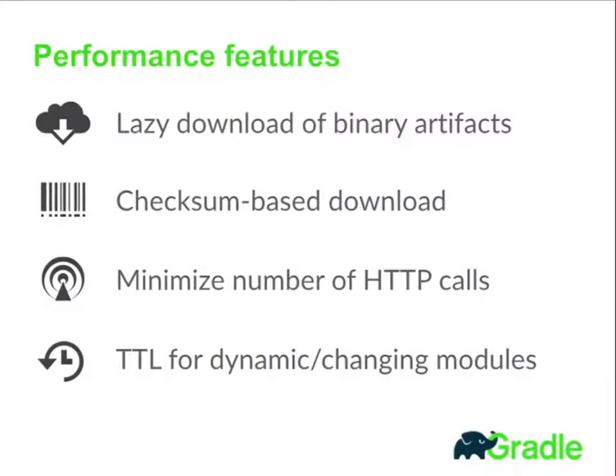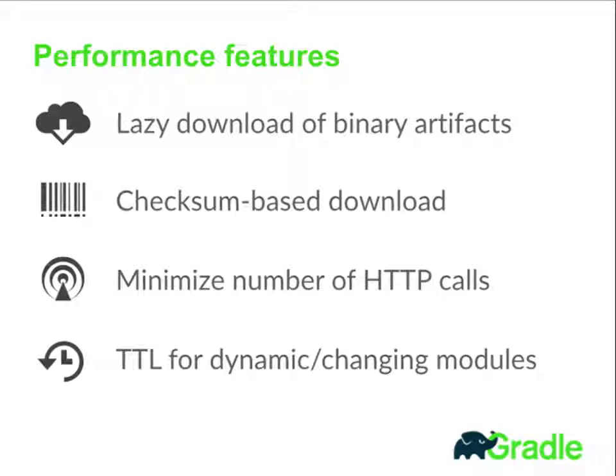So let's talk about some of these features that we want to improve on, and some of them are already there, of course. Lazy downloading of binary artifacts. What we do is try to prevent the dependency management handler from downloading artifacts that we don't need for the current operation. So if you run gradle tasks, and you don't run any other specific task, then we kind of know that nothing else needs to be resolved.